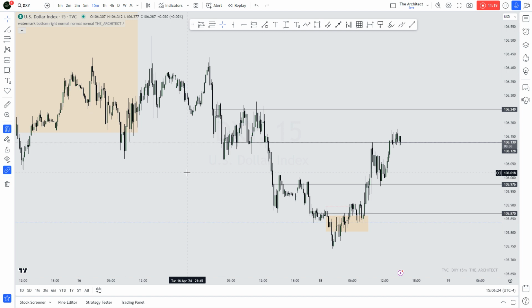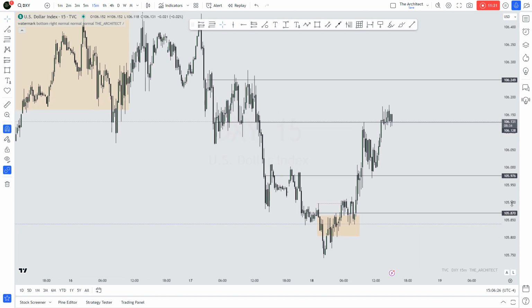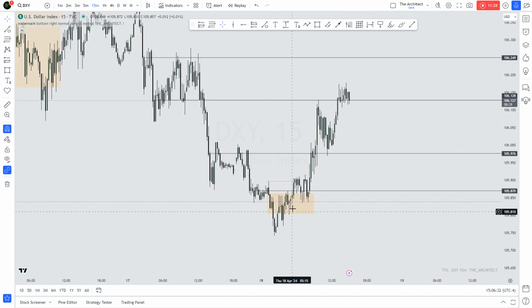If you want a video on that, please do mention that. We are running a bit low on time on that. So reclaimed order blocks work as perfect support and resistance points. These are institutional support and resistance points.